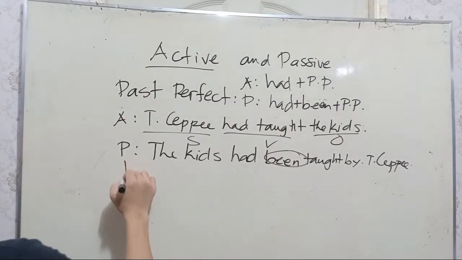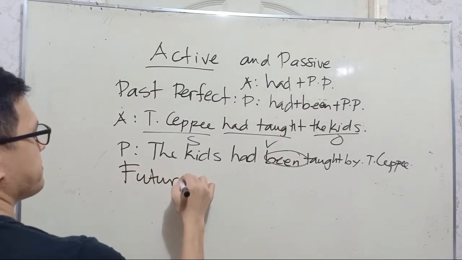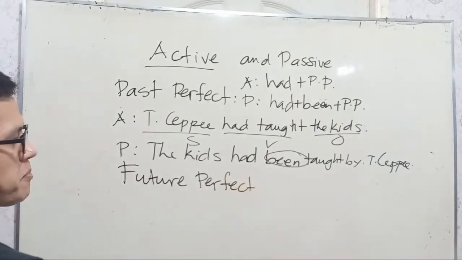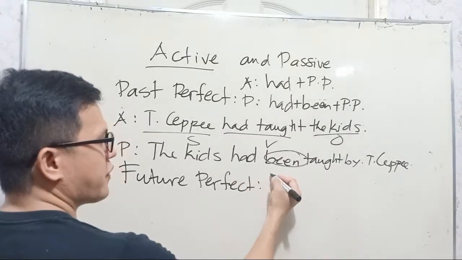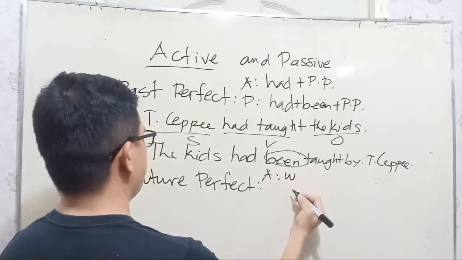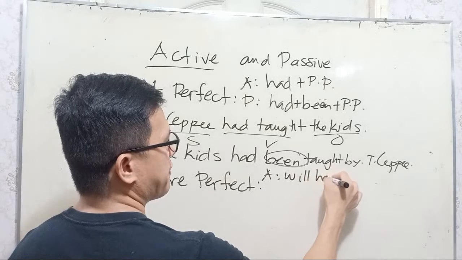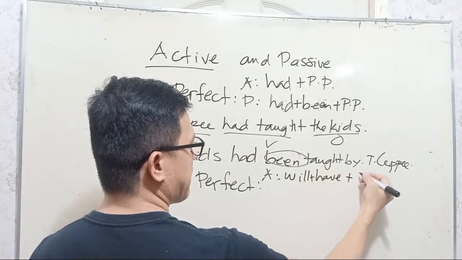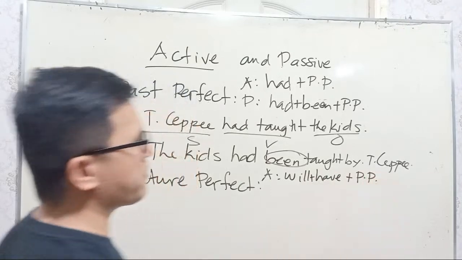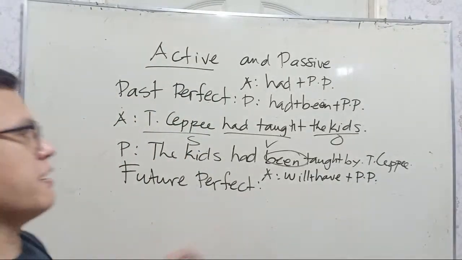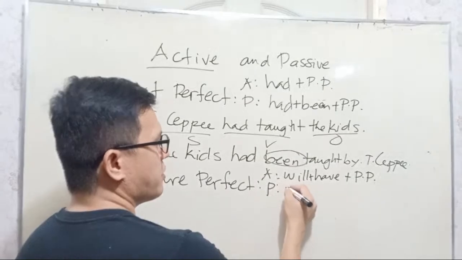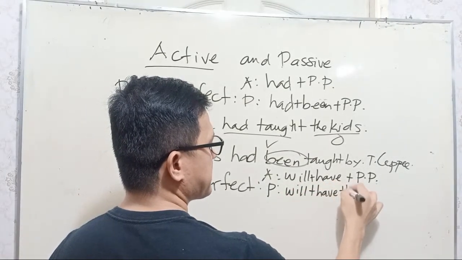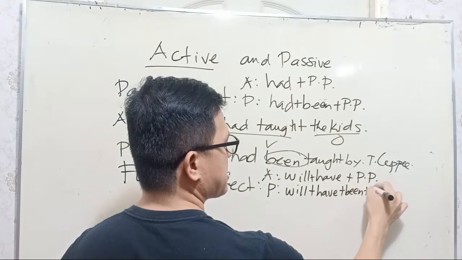Now the future perfect. Of course, our active is will plus have plus past participle. And the passive form is will plus have plus been plus past participle.